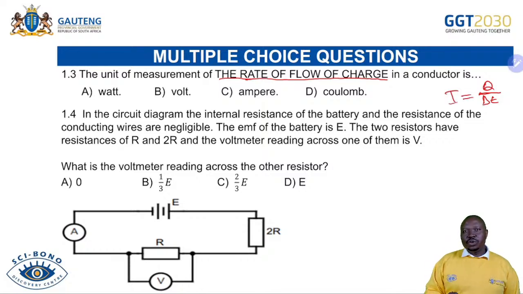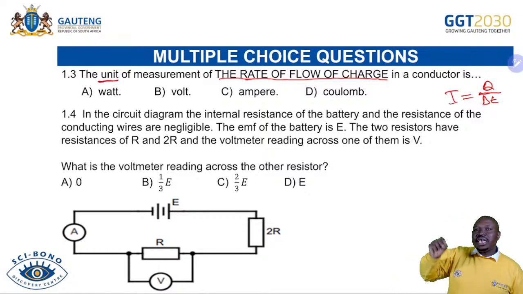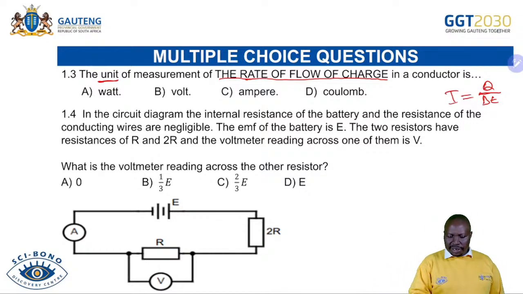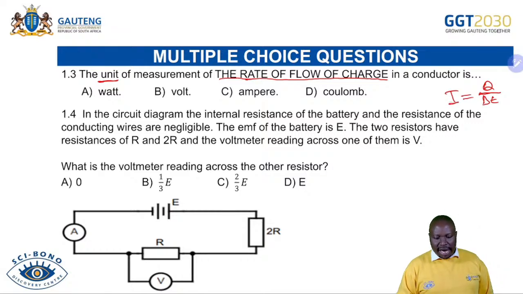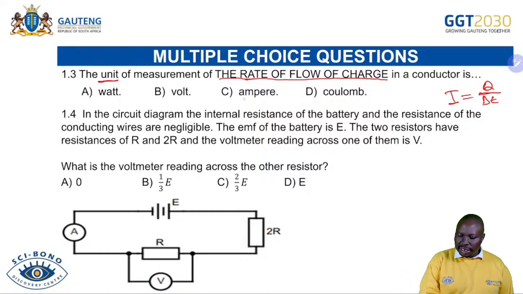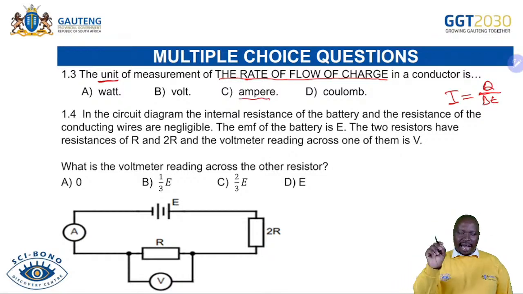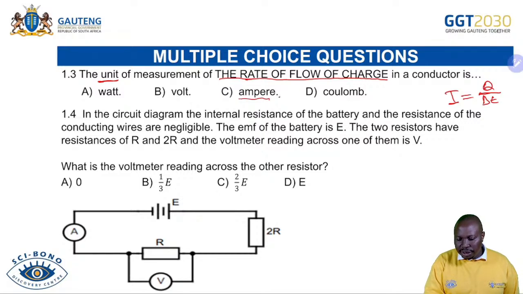So the first thing you must do is identify the current, but the question is saying the unit. So we want the SI unit of current. That's what this question is asking for. So you must be able to say this question is asking for the SI unit of current. And what is the SI unit of current? Current is measured in amperes. And we said the instrument is the ammeter, but the SI unit is amperes.